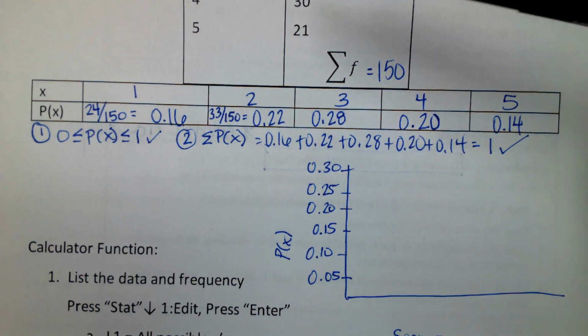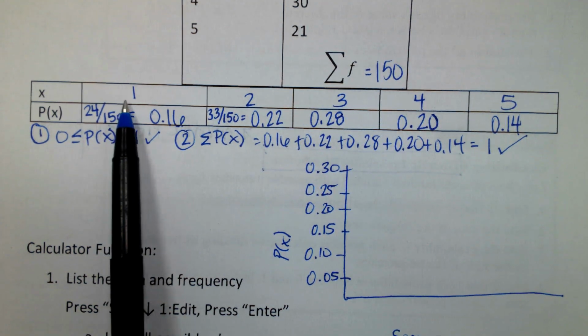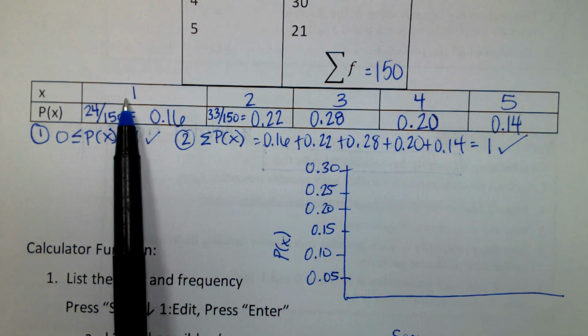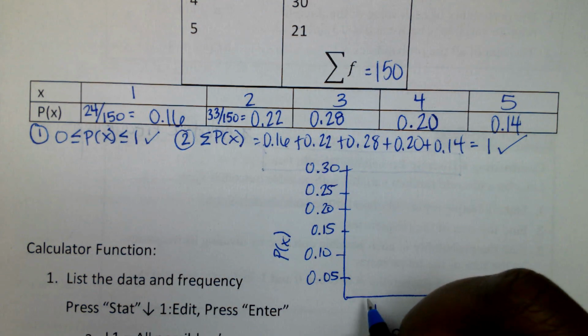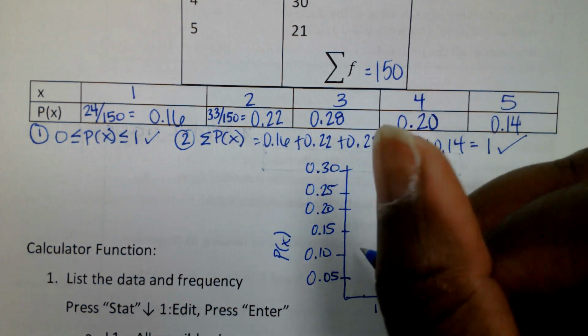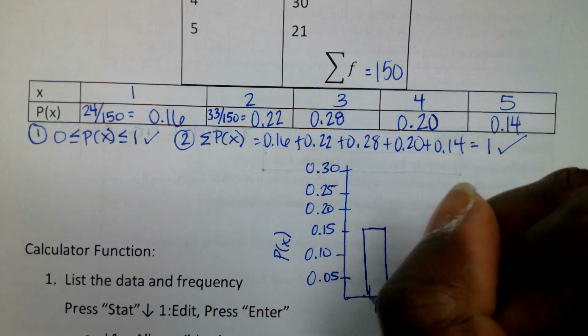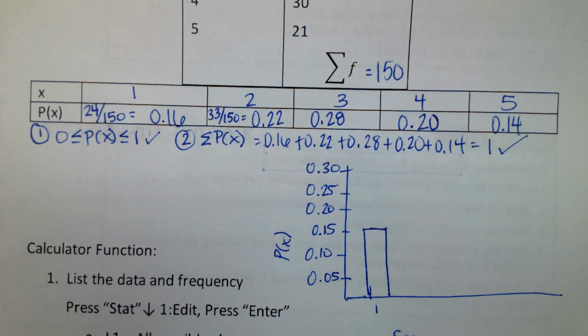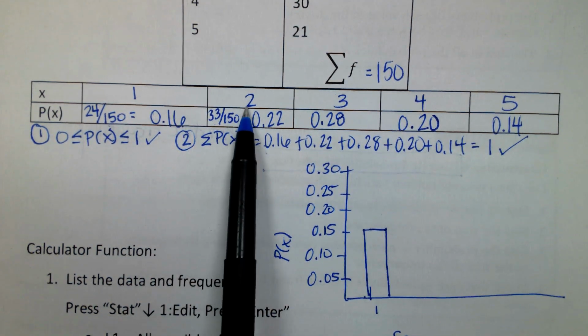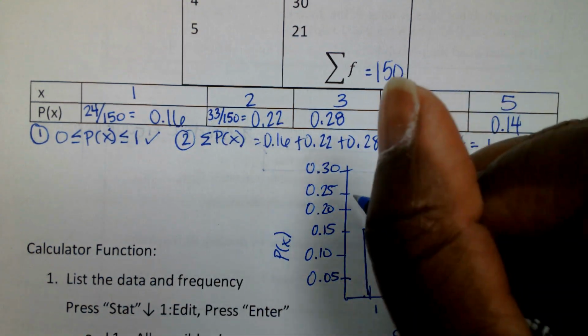Now I'm going to draw my score. So for my x equals 1, I'm going up to 0.16. X equals 2, 0.22.